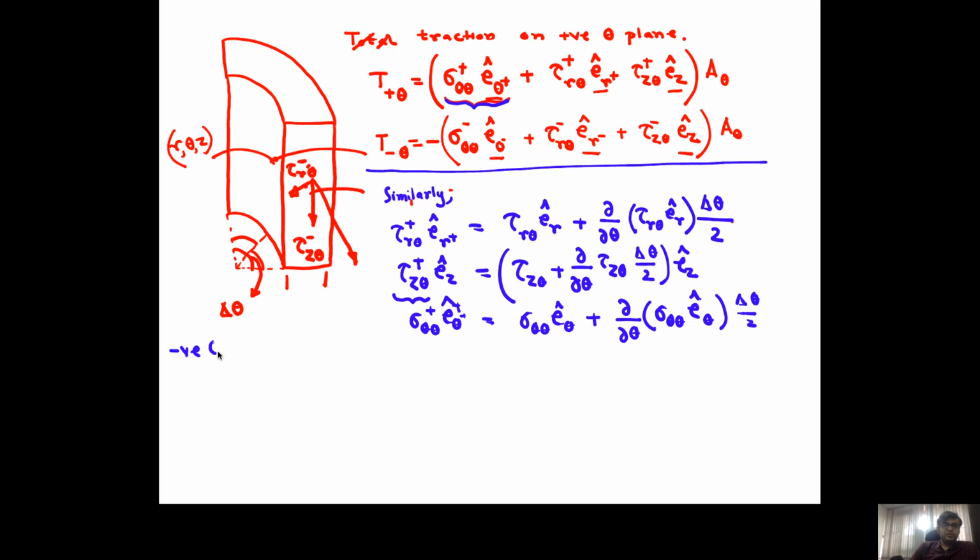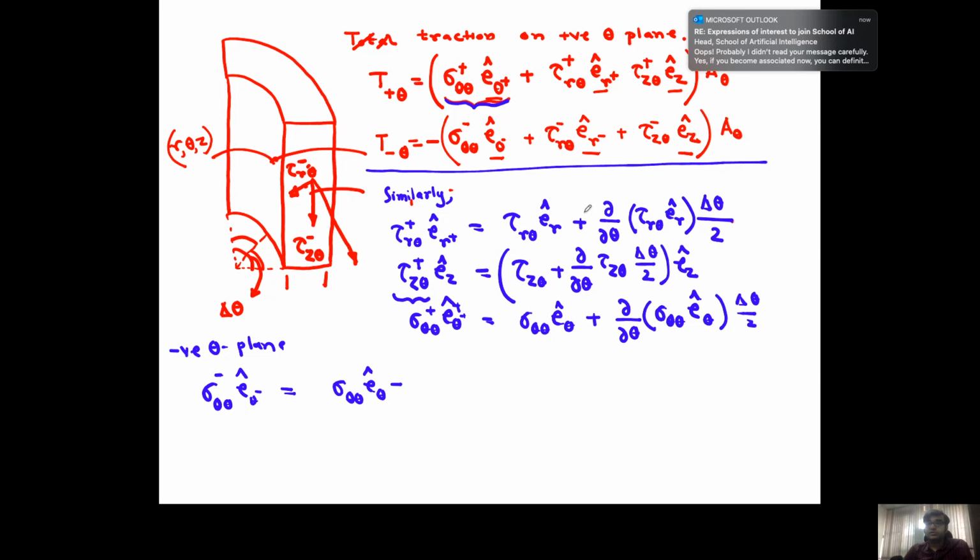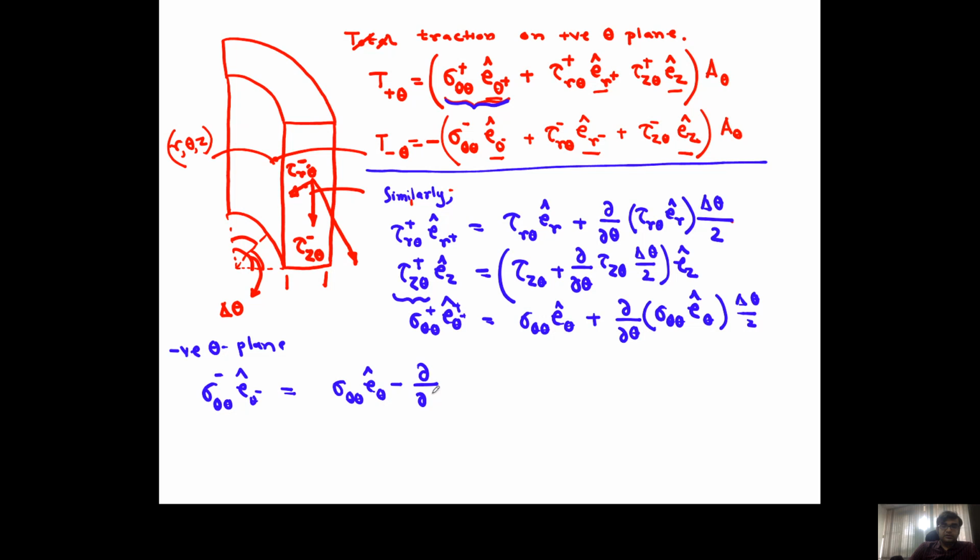So for the negative theta plane, again without doing any calculation, sigma theta theta minus e theta minus hat will be sigma theta theta e theta hat minus del by del theta of sigma theta theta e theta hat, because delta theta by 2 is now minus delta theta by 2, times delta theta by 2.